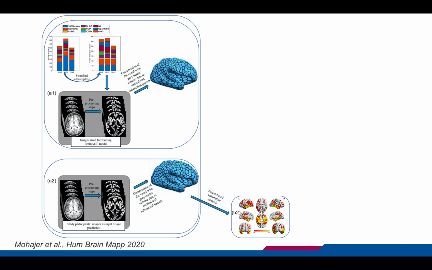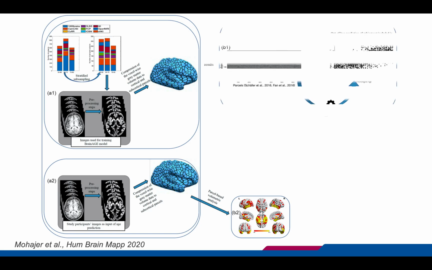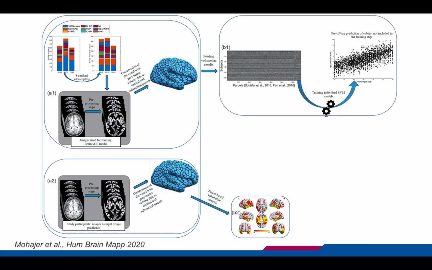The final prediction was then achieved by bagging the different weak predictors, and as we can see here from the out-of-bag predictions in that training cohort, this gives us a very good and bias-free age prediction model.